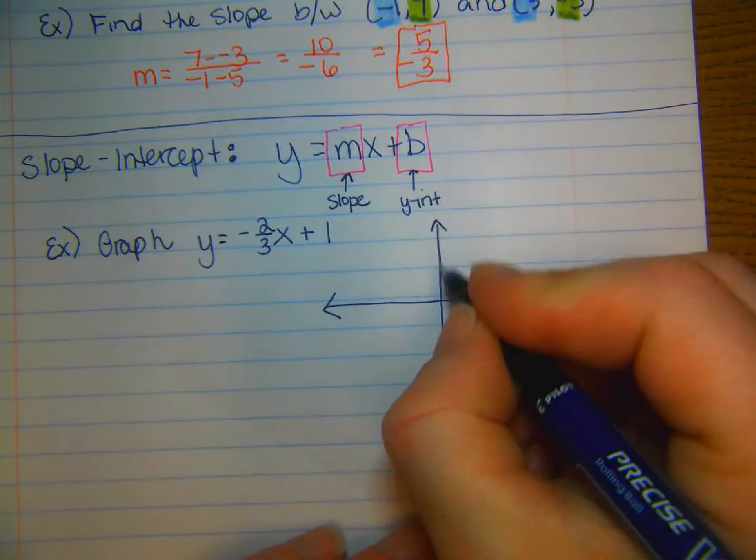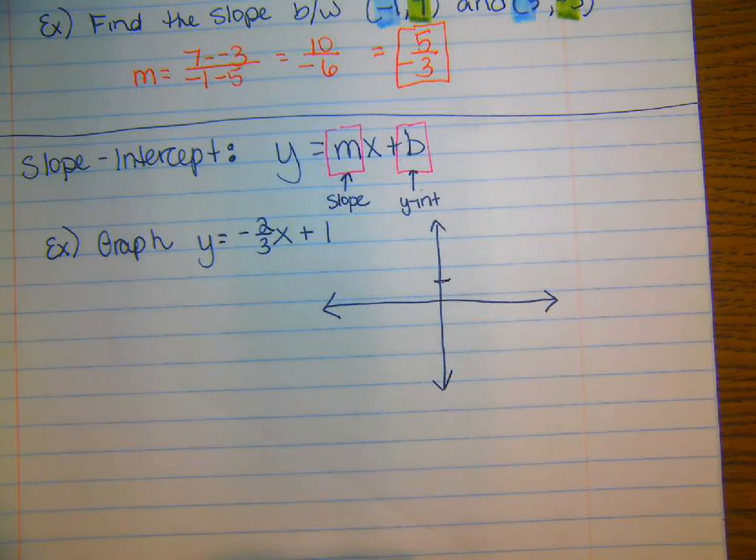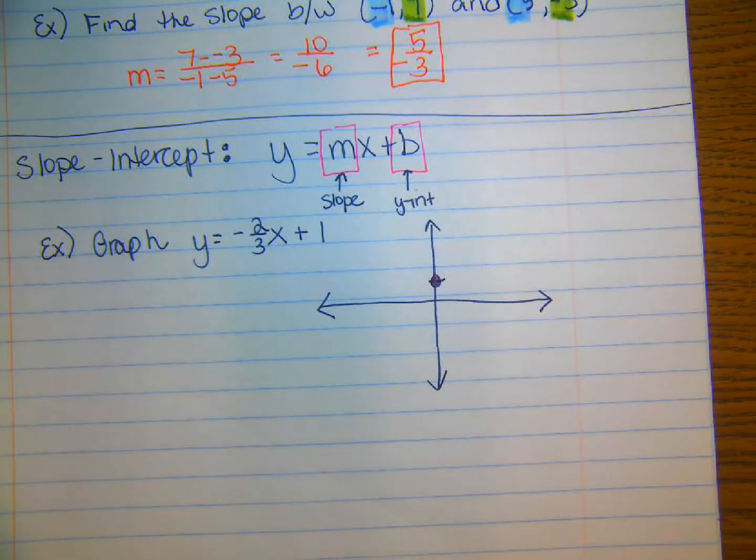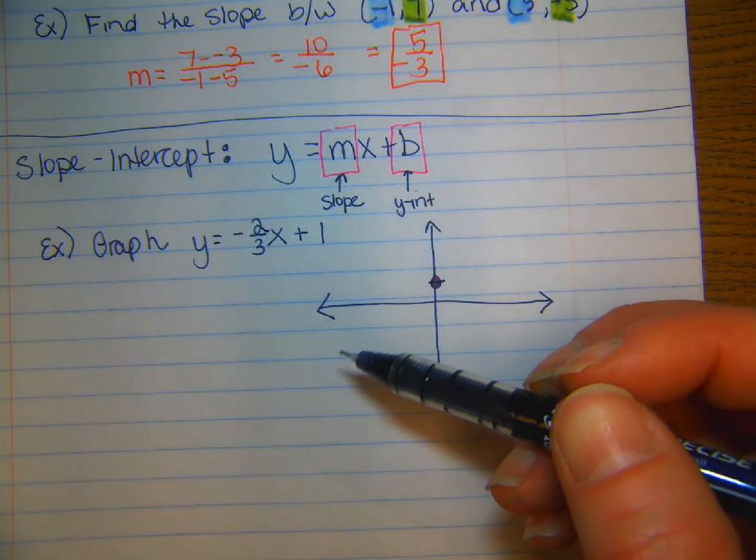Okay, so I'm going to just put a 1 on here. Y-intercept, notice where I put it on the y-axis, not the x-axis. And I'm going to just count.